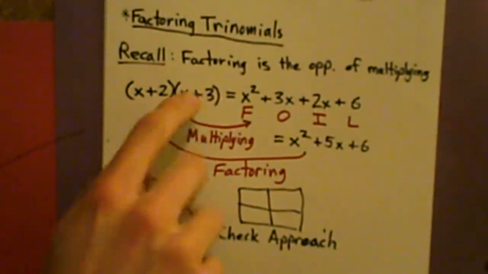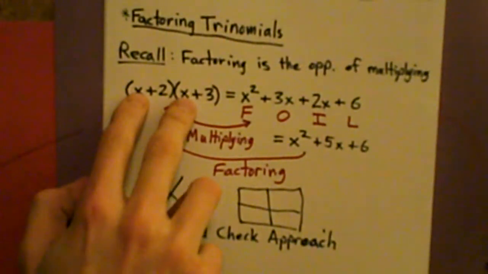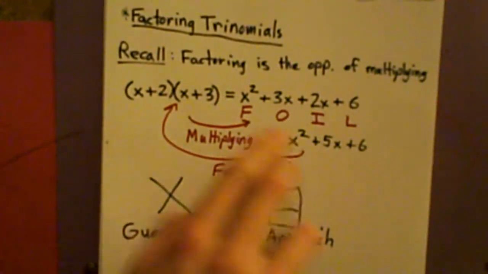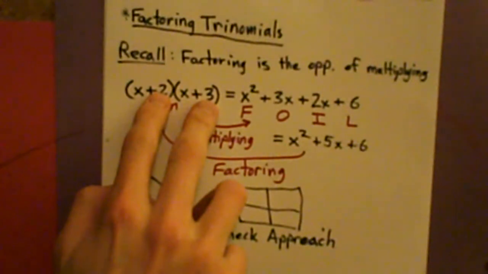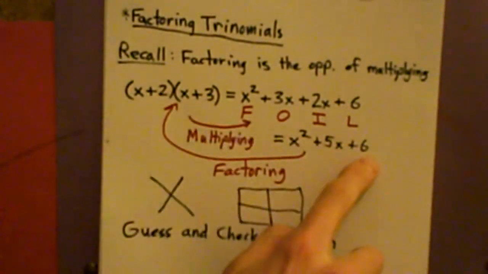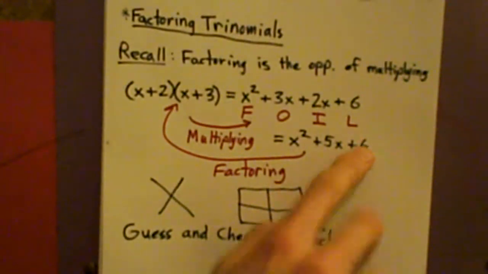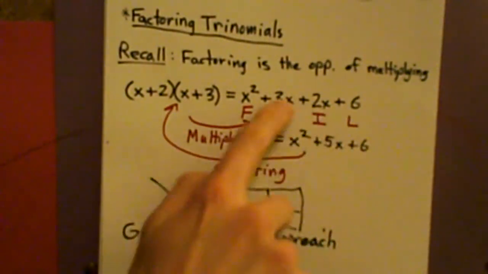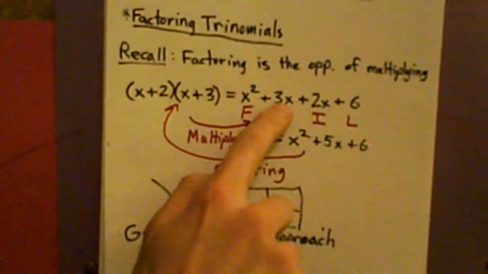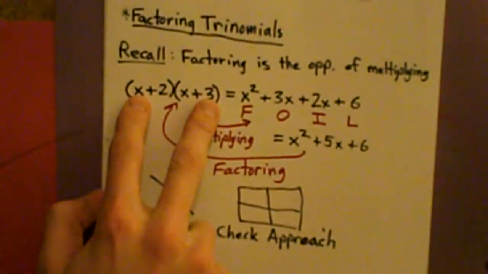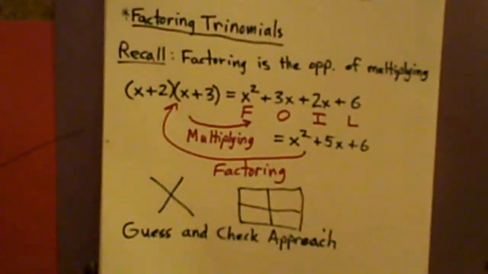The first two terms should always multiply to give you this first part, the x squared, and the last two terms should always multiply to give you the last term in our trinomial. Then the two middle parts, the O and the I, if I add those together, this times this and this times this should add together to give me my middle term.